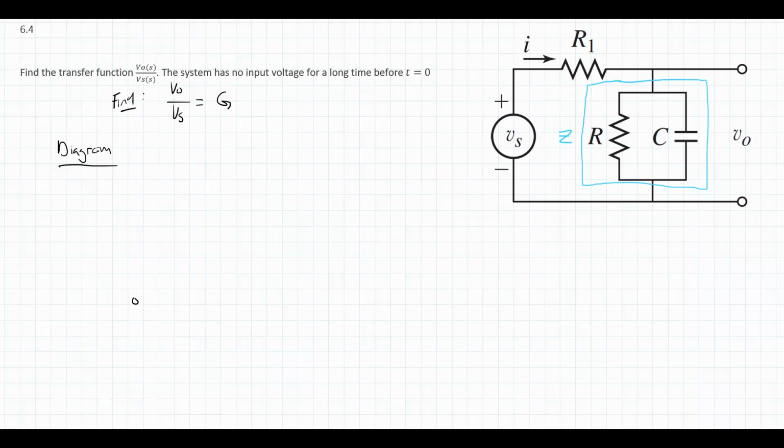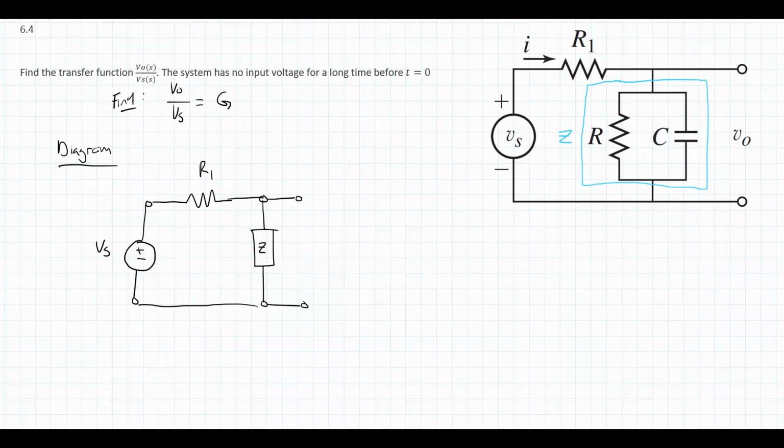So for my diagram, I'm going to start in the bottom left. I have here my voltage source with a value of Vs. And I will use the given direction of current that we're assuming that it's going to be clockwise in this system. We're going through, again, I'll just leave this as a resistor, and then we're going to come down and we go through an impedance block of Z, and then we come back to our starting point and we are interested in this V out.